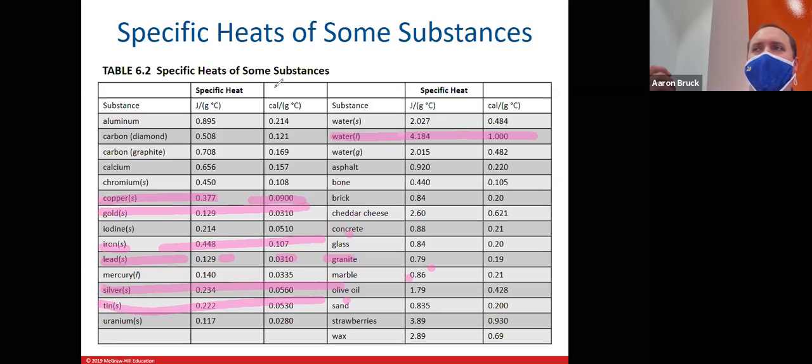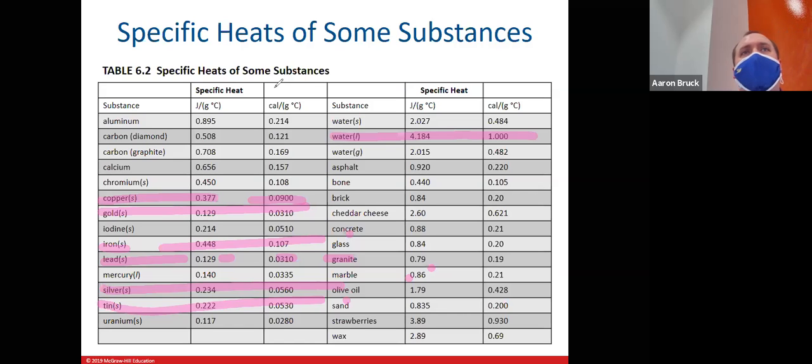Let's say that you get both up to 100 degrees. You've got a pot of boiling water on this side, and you've got a frying pan on the other side. You turn the stove off, you walk away. Which one of those is getting cooler faster? It's going to be the frying pan. Why?